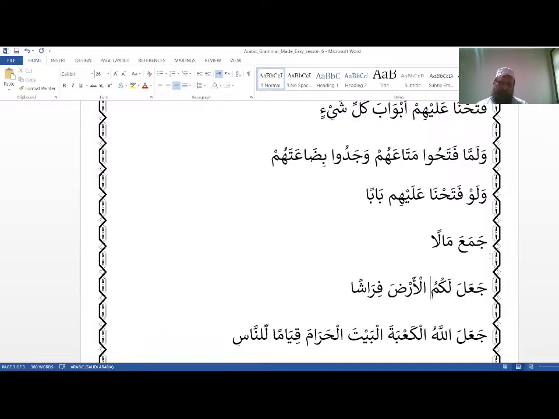But over here, because Kaaba and Bayt is the same thing, our maf'ul over here is Al-Ka'bata. What is Kaaba? A bit of description of that Kaaba.